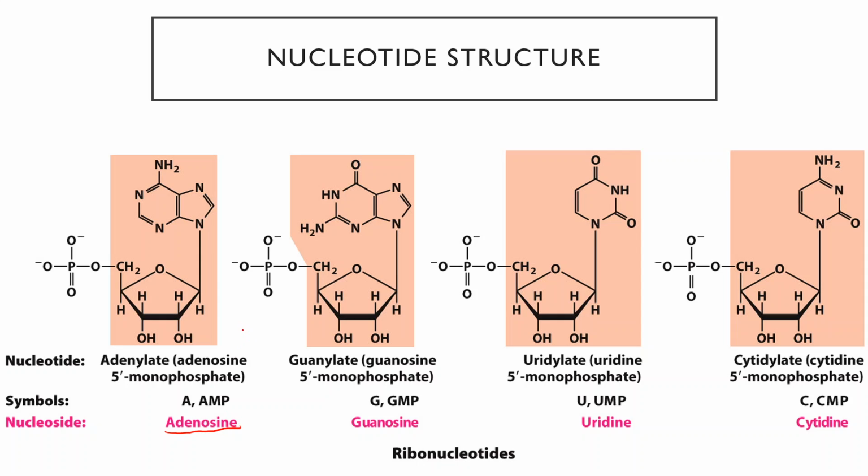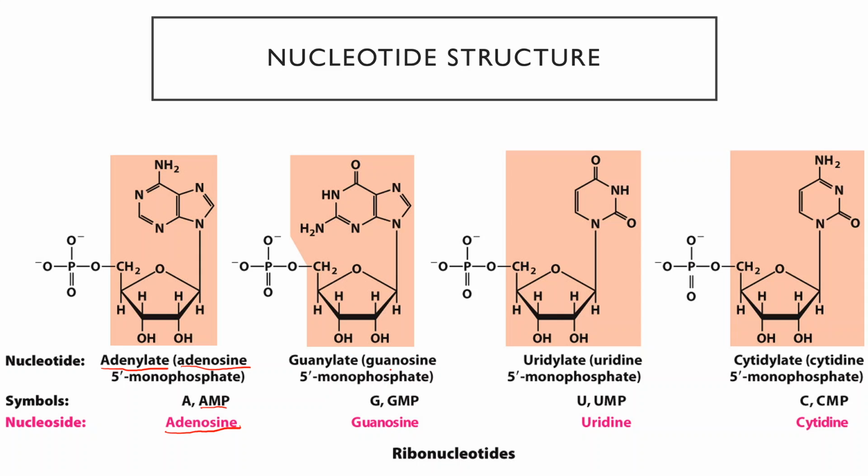And a nucleotide of adenosine is adenosine monophosphate, and typically if the phosphate is attached to the 5' carbon, we call it adenosine 5' monophosphate. But usually we just say adenosine monophosphate, or AMP. Technically, this would be called adenylate, but most people just say adenosine monophosphate or AMP.